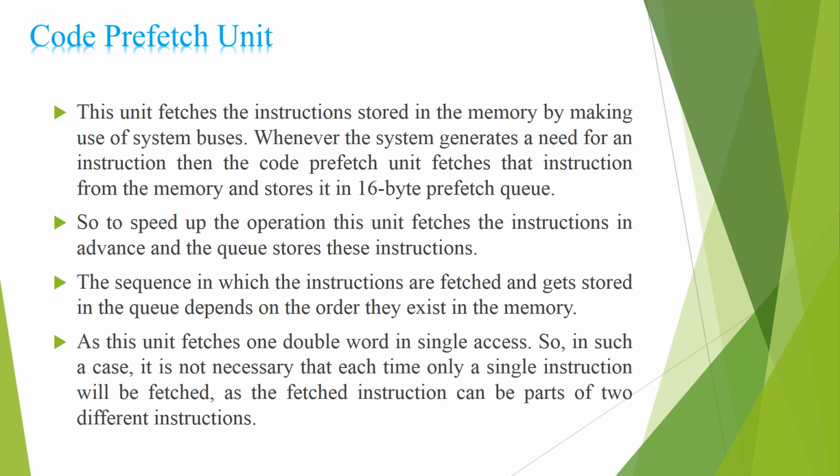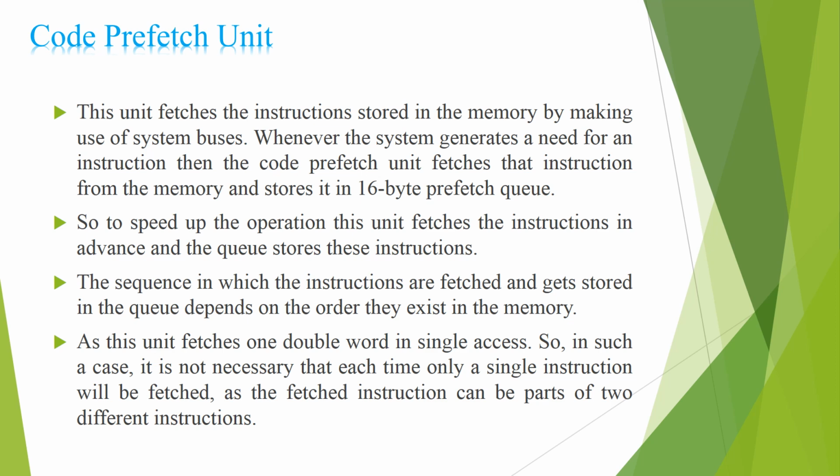Next is the code prefetcher unit. This unit fetches the instruction and stores it in memory by making use of the system bus. Whenever the system generates a need for an instruction, the code prefetch unit fetches that instruction from the memory and stores it in a 6-byte prefetcher queue.